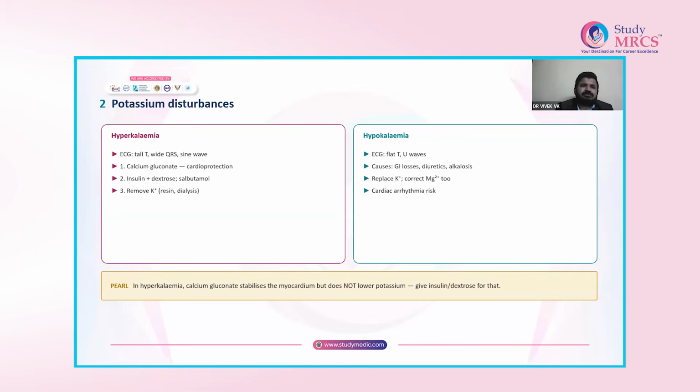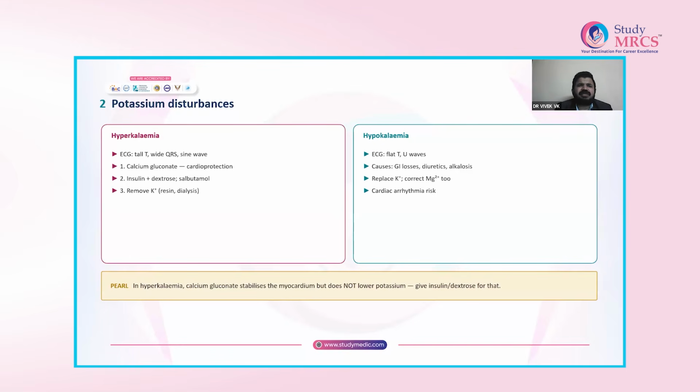And you should know something about how to manage a case of hyperkalemia. You can give injection calcium gluconate. Its role is cardioprotection. And always you should give the insulin along with the dextrose, and also nebulization with salbutamol.